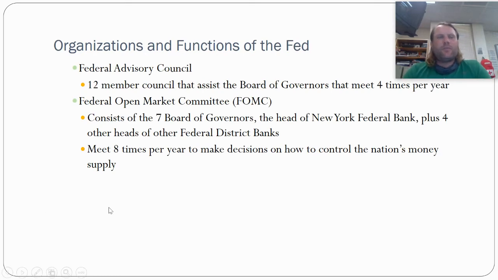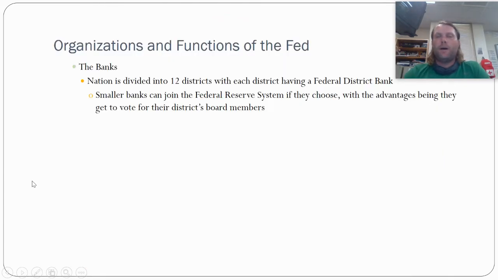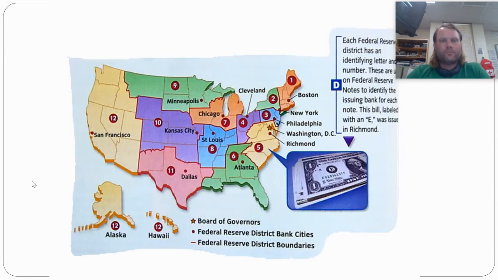They've got some other people that work for them. It's not necessarily super important to know these guys, but just like any other organization, they've got some people that are advisors and make suggestions and things like that. And then this Federal Reserve Bank, they monitor these smaller banks, and we'll talk about how they do that and what happens if banks break rules.